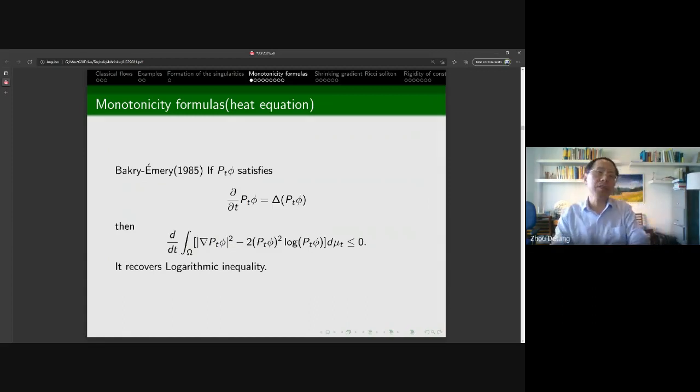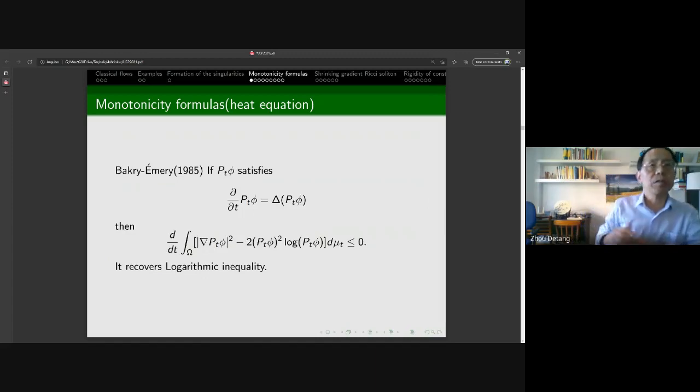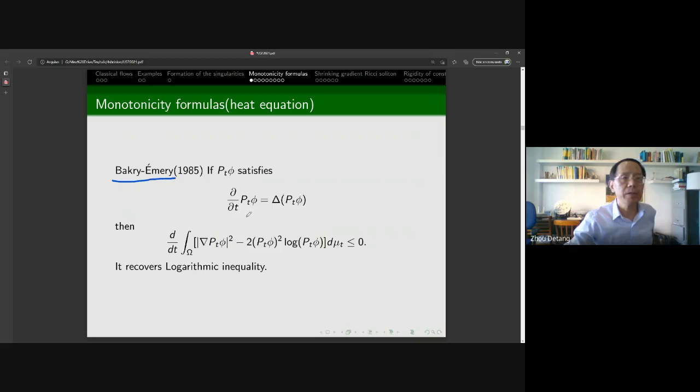To say this, we need to see a monotonicity, which is quite important for the study of the Ricci flow. To do this, we look at the classical case, which is the heat flow, done by Bakry-Emery. You have a solution which satisfies this heat equation.